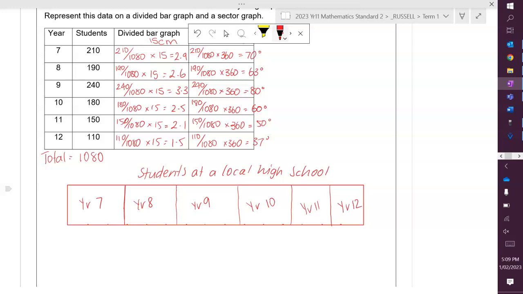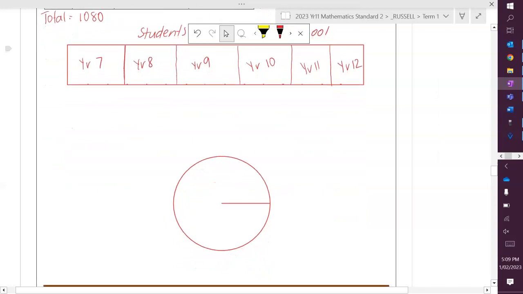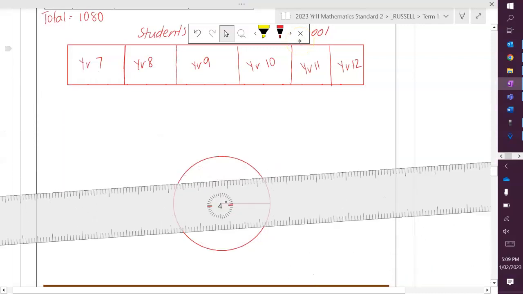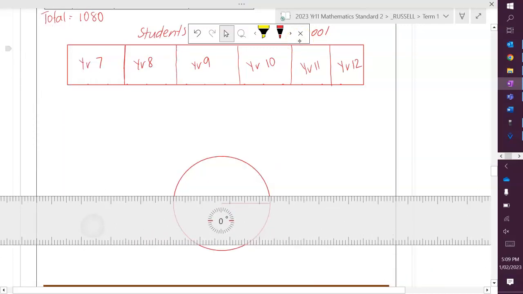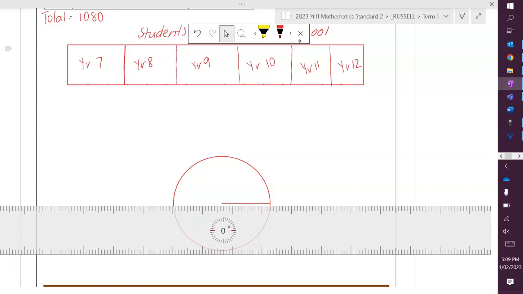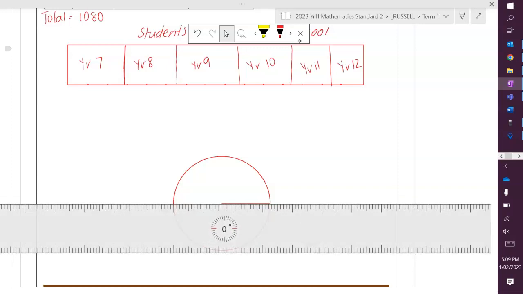Now, the next thing we need to do is we need to draw our sector graph. Now, I'm going to use the ruler on here with my degrees in it. You would use a protractor to do this, but there's not one on here, so this is the next best thing that I can do right now. So what we're going to do, if we looked at year 7 was at 70 degrees. So if you've got your line, you would line up your protractor and you would put it above here and you would measure around until you got to 70 degrees.